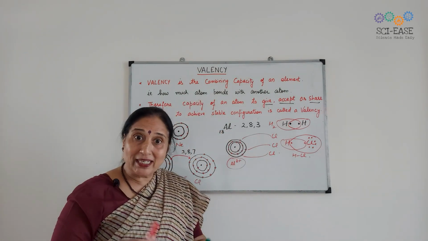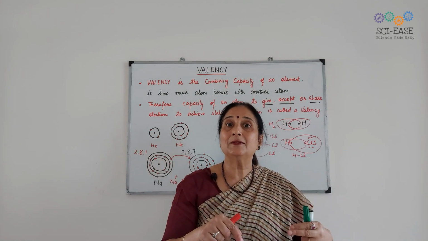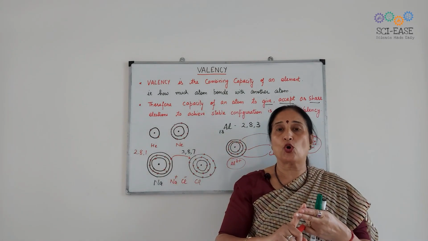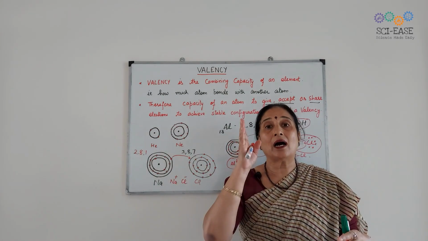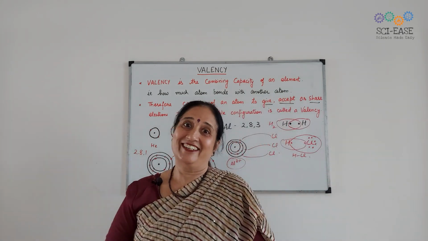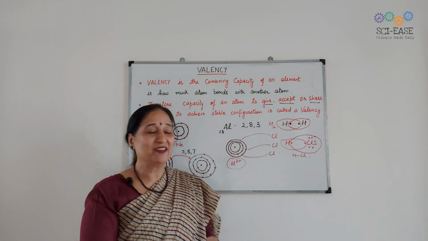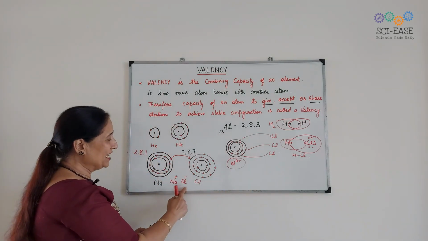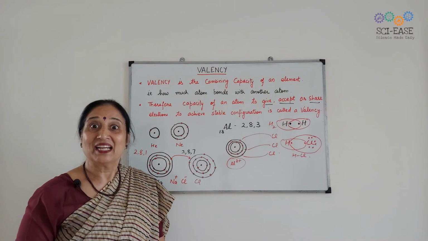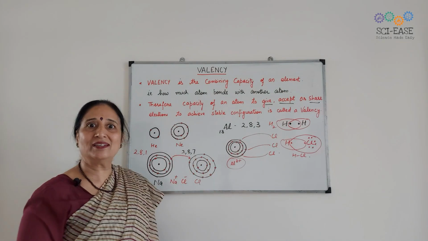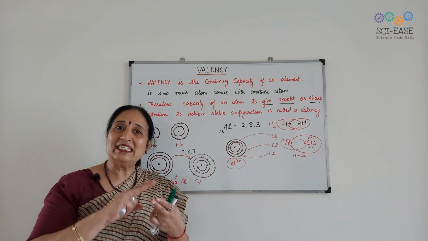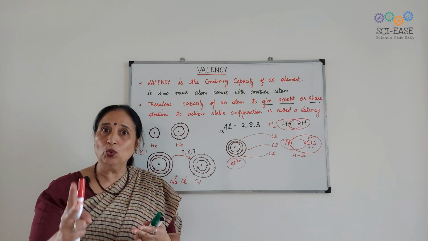So what is valency? That is the combining capacity of an atom, and the number of electrons present in the outermost shell is the valency. But I want to tell you one thing. Here I say that valency of chlorine is -1. How? It has 7 electrons in its outermost shell, so it should be 7. No, valency can be calculated in 2 ways.